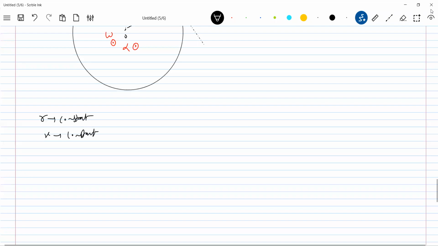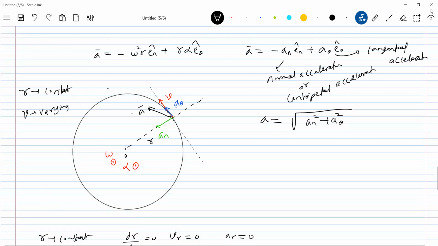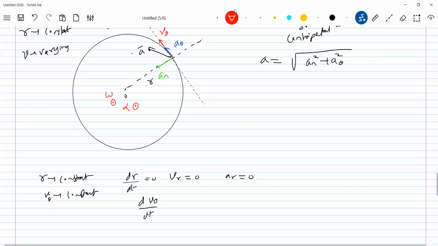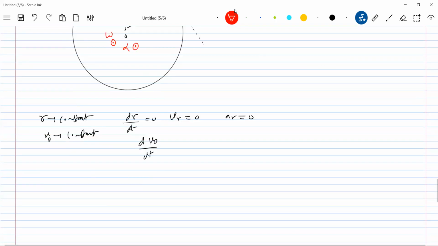If r is constant, dr by dt will be 0, v r is 0, a r is 0. If v is constant, dv by dt is 0. V is nothing but tangential velocity, so this will be v theta.